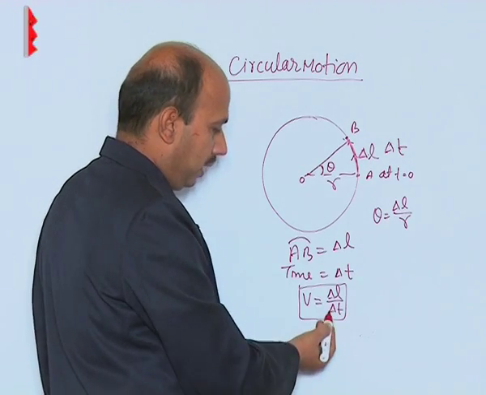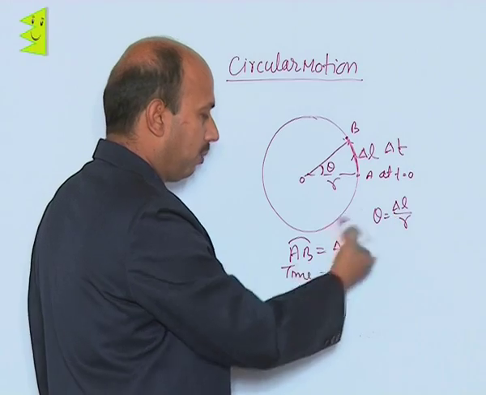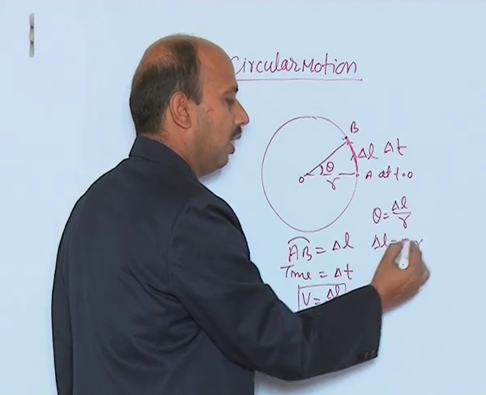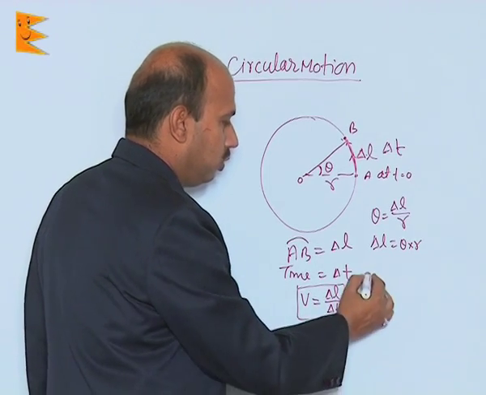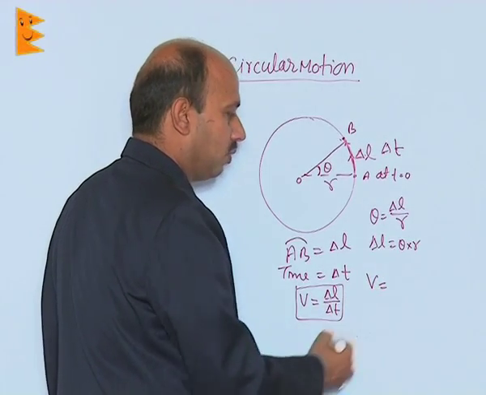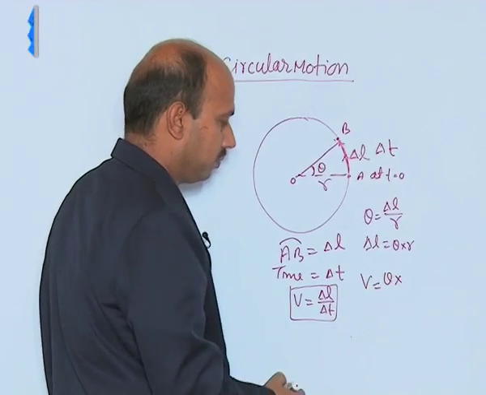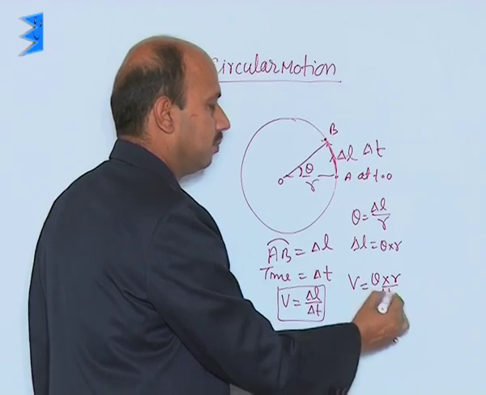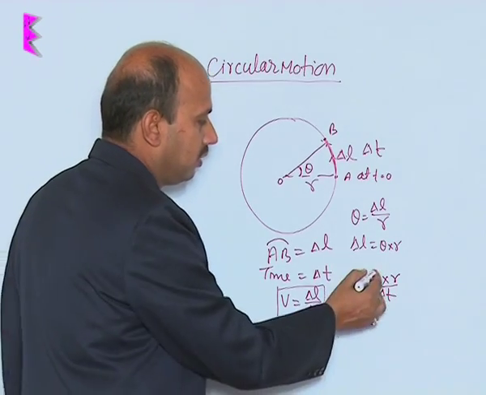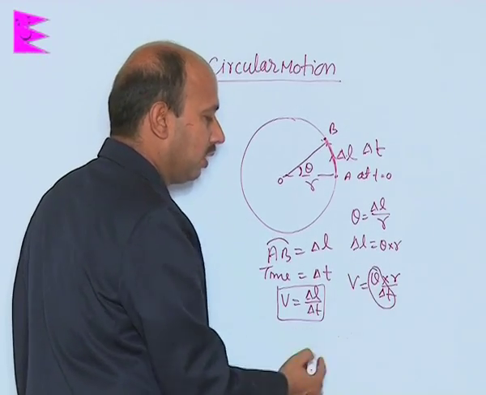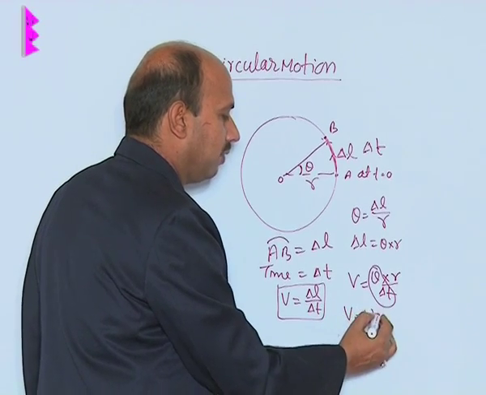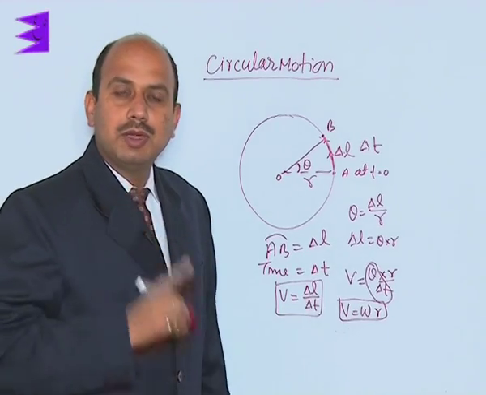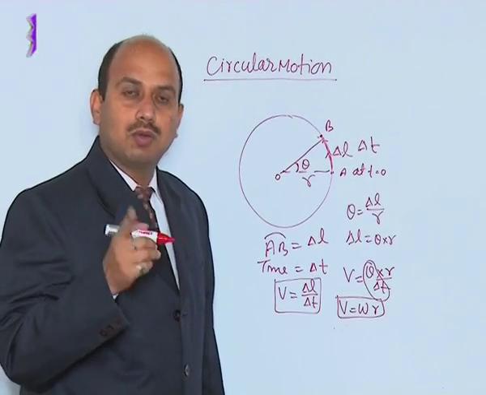So, delta L is equal to theta into R. Now, put this here, you will get v is equal to theta into R upon delta T. In this case, theta upon delta T is known as angular velocity. So, we can write v is equal to omega into r. This is the relation between linear velocity and angular velocity.